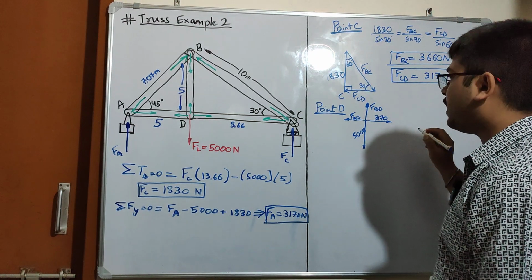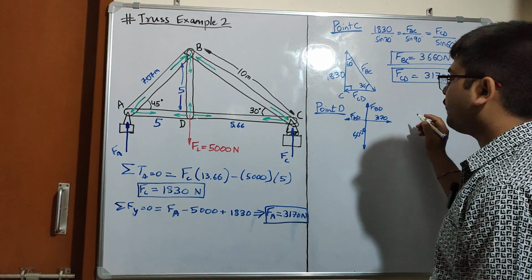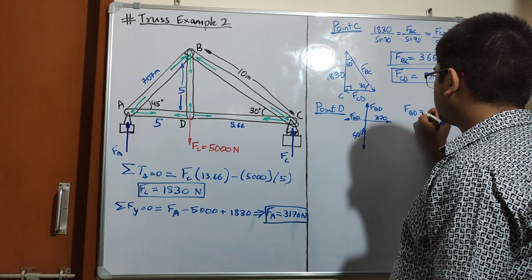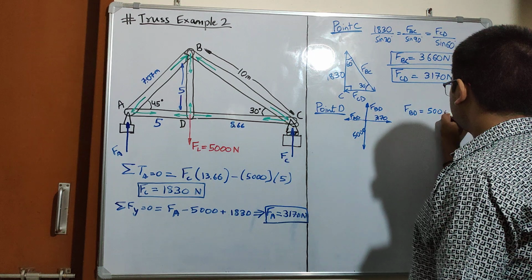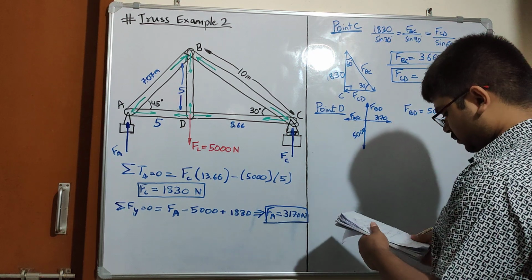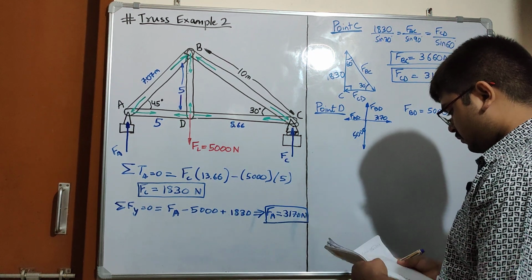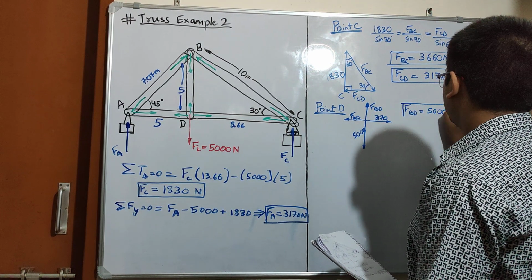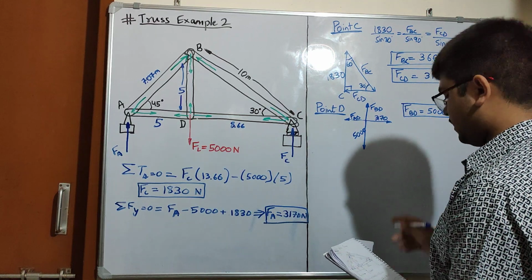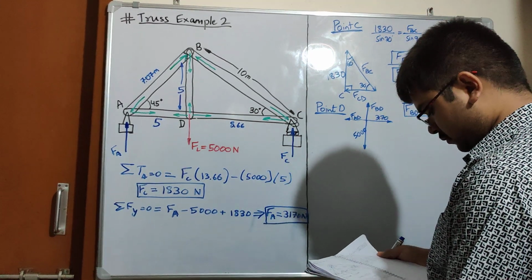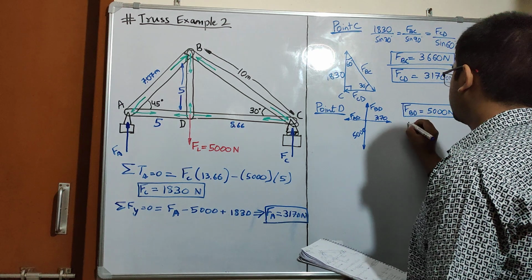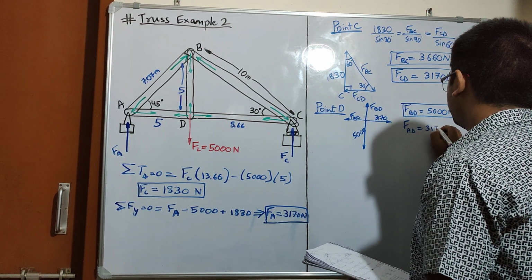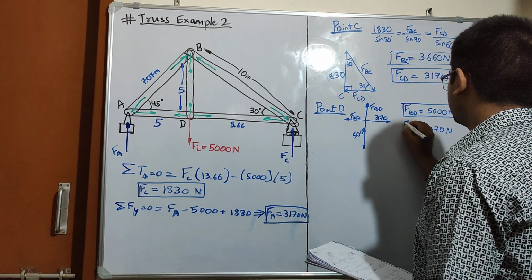So we will have FBD equals 5000 newtons and FAD equals 3170 newtons.